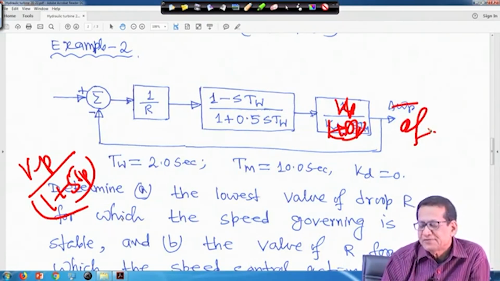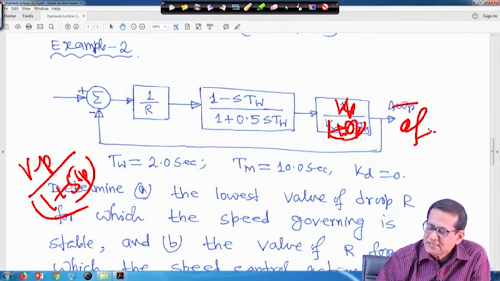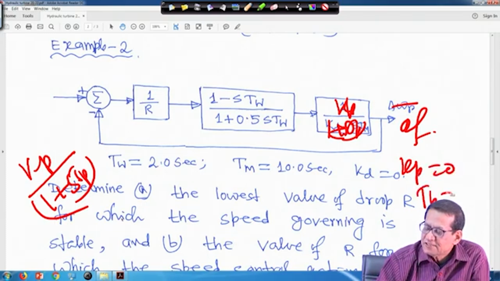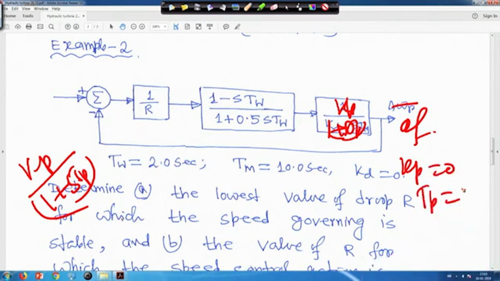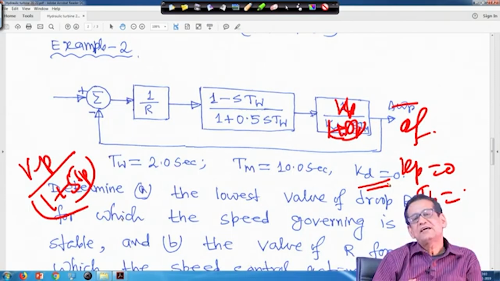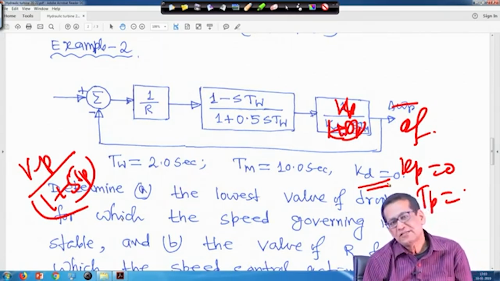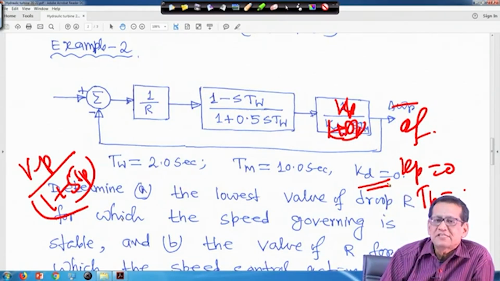So, in that case if you make Kp upon 1 plus sTp, your Kp has to be known and Tp has to be known, right, both have to be given. But in this case, when we are doing the AGC thing, delta Pd upon delta F is actually D, the damping, that is the D term we are using, right.